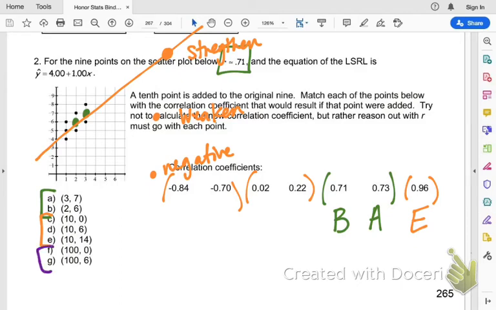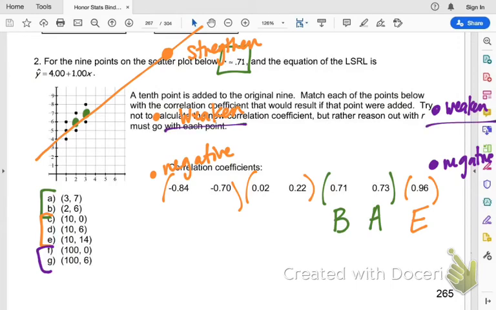So F and G. If I plotted those, 100 would be all the way out here. 100, 0, 100, 6. This would definitely weaken. And this would also make it negative. So looking at my data, both of these weaken.